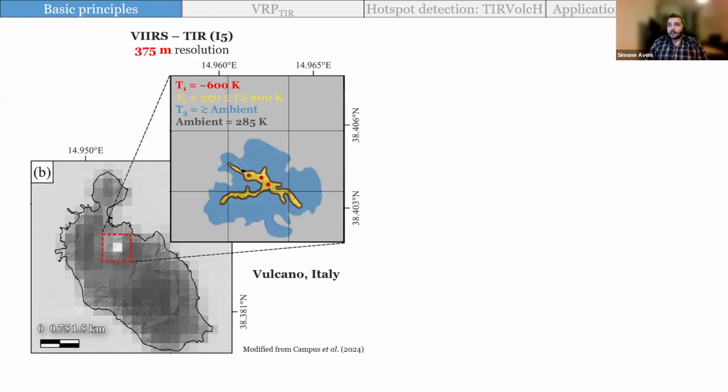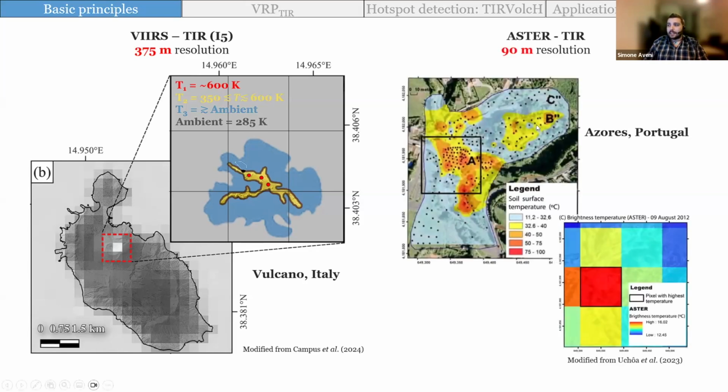And that is basically the thermal anomaly is not a homogeneous temperature, and the thermal anomaly is not filling the pixel completely. And even if we take ASTER at 90-meter resolution, so it's quite a higher resolution compared to the VIIRS, still we get the same thing. We do have a number of thermal components with different temperatures, but they still are different at subpixel scale.